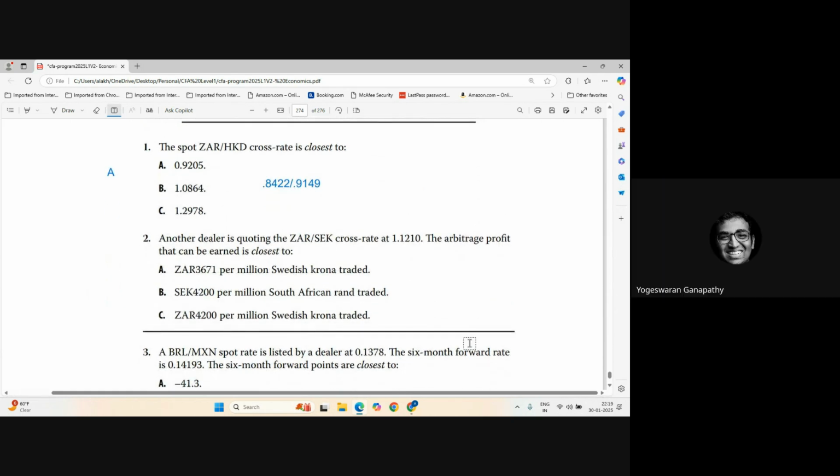Question number 2. A dealer is quoting the ZAR per SEK cross rate at 1.210. The arbitrage profit that can be earned is closest to what?